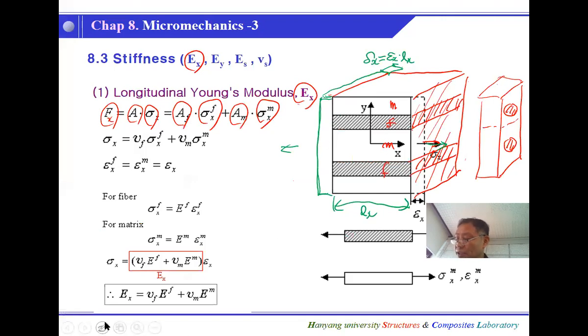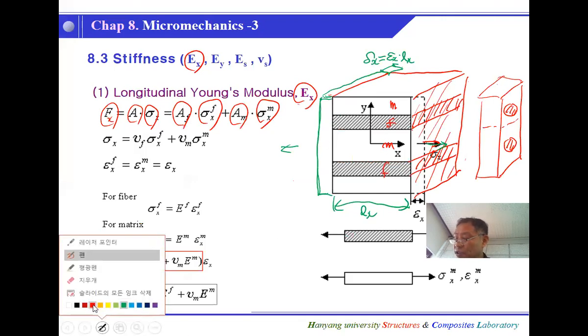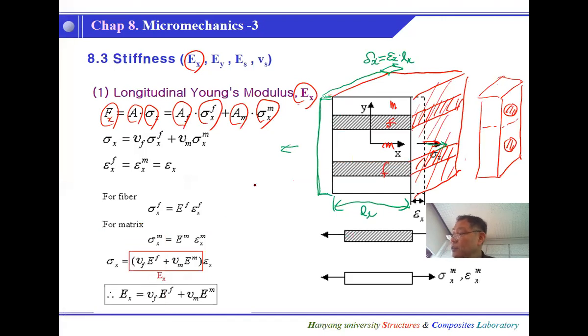But the stress distribution will be quite different. The strain is this much, but the stiffness is different, so the stress will be very high, low, and high, low.